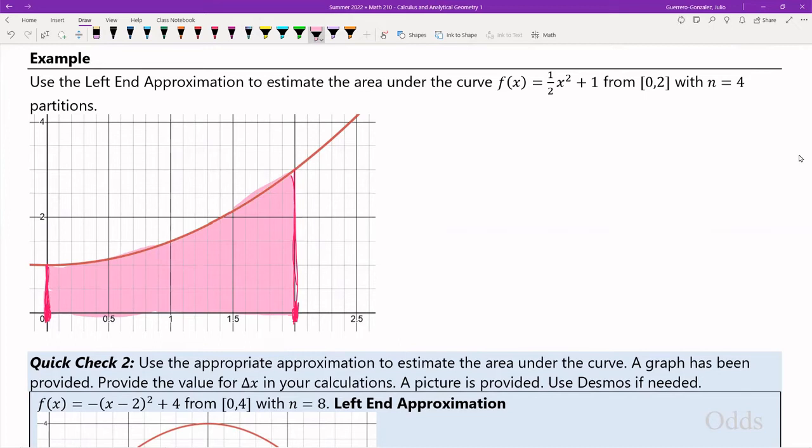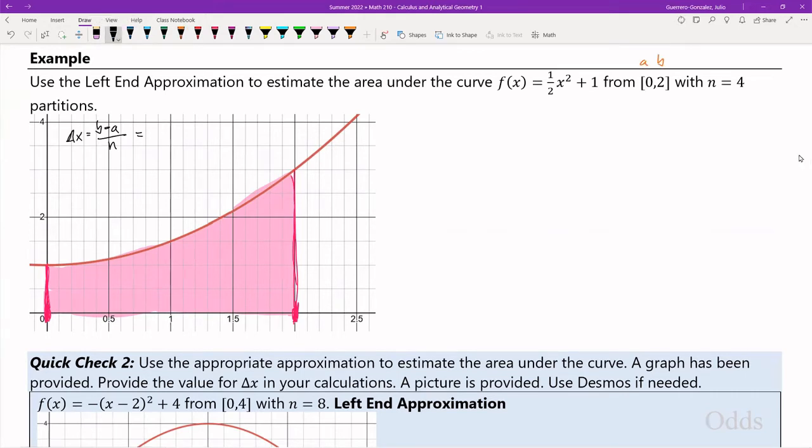Okay? So the first thing I'm going to do is find out what my delta x is going to be. I need to find out how big each one of my boxes is going to be, okay? And that's always going to be b minus a divided by n. We know what b and a are. That's over here. So this is my a and that's my b.